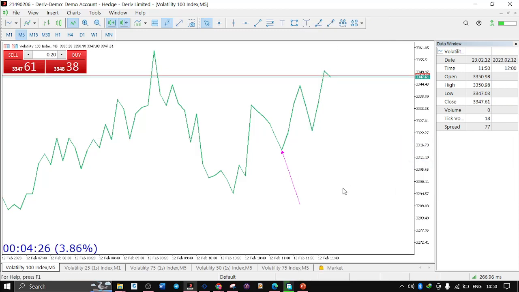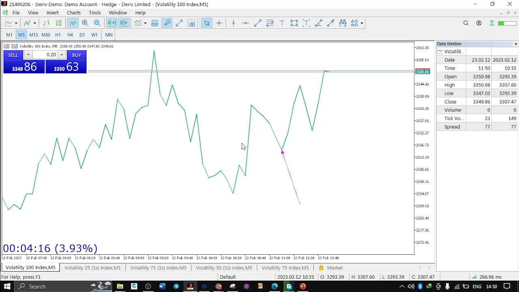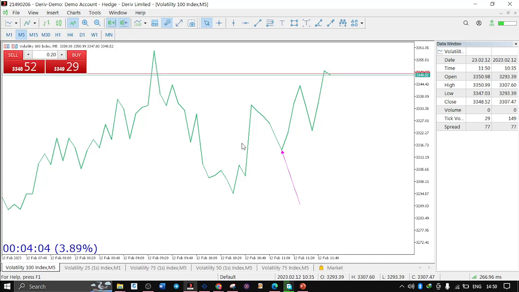Yeah, the horizontal line. No, that is different. You see the candles on the chart. I can see them.